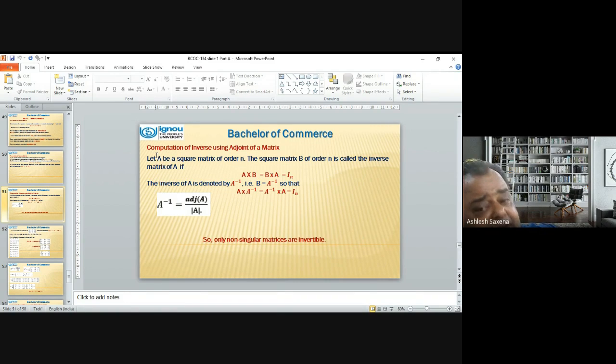A into A inverse is equal to A inverse into A, which is an identity matrix. So we come to the conclusion that A inverse is equal to adjoint of A upon mod of A. You know how to calculate mod of A, and I will tell you how to calculate the adjoint, and now we will see how the inverse is calculated.